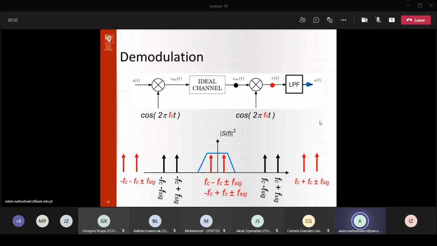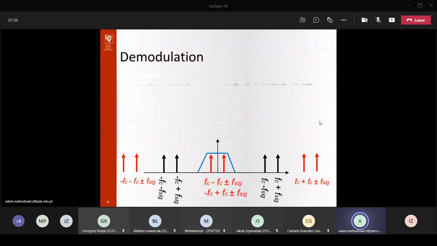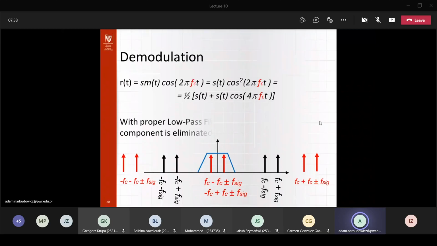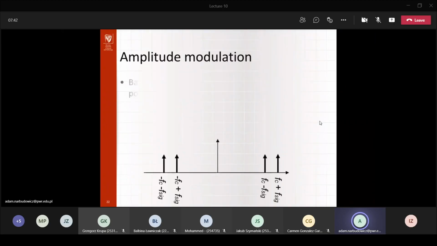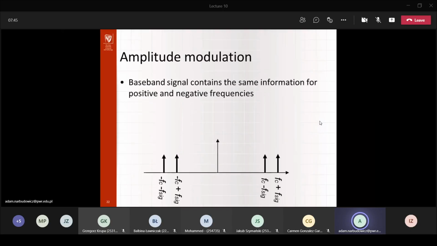So anyway, from the demodulation, and this is basically the math behind it, right? What we should observe now from the previous week is that, as I mentioned earlier, we have this mirror plus minus carrier frequency.